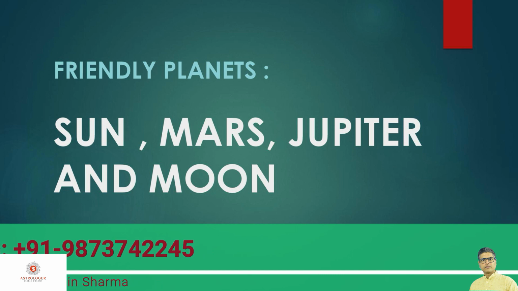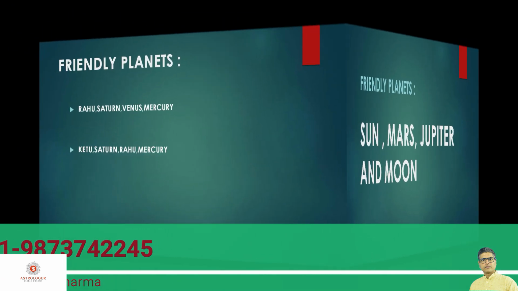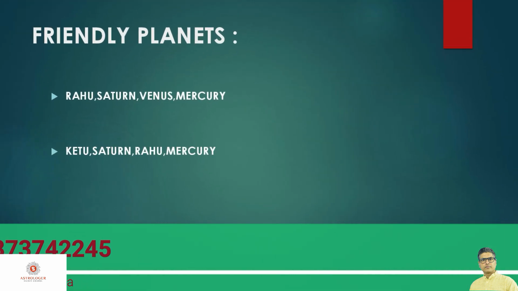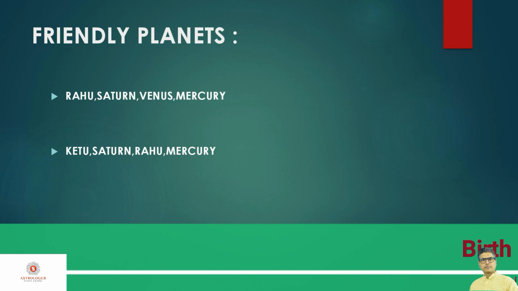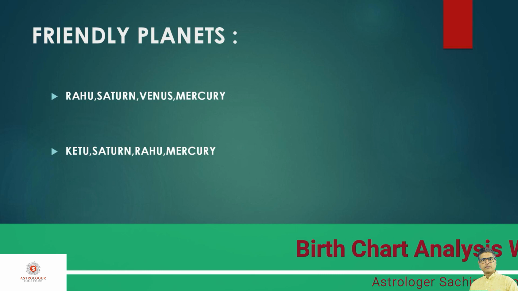Also friendly planets are Rahu, Saturn, Venus and Mercury. Here I am not considering Ketu as a friendly planet in this group. I have put Ketu in another group, that is Ketu, Saturn, Rahu and Mercury. The reason is that Ketu is not friendly with Venus.